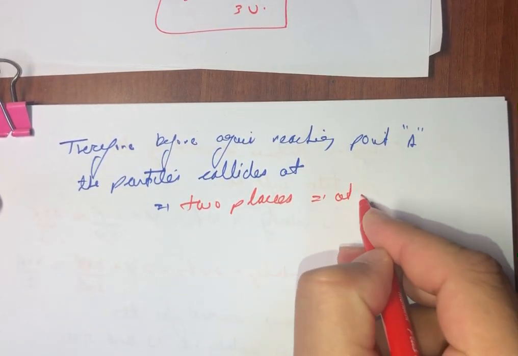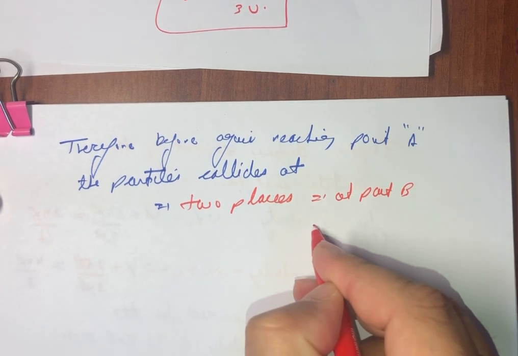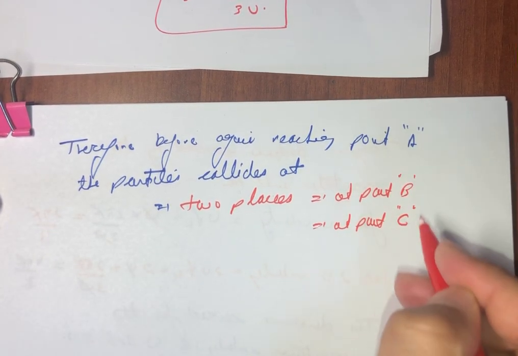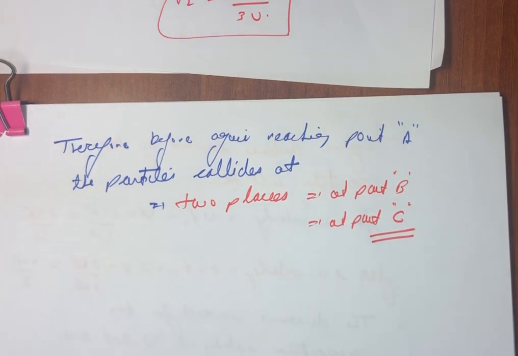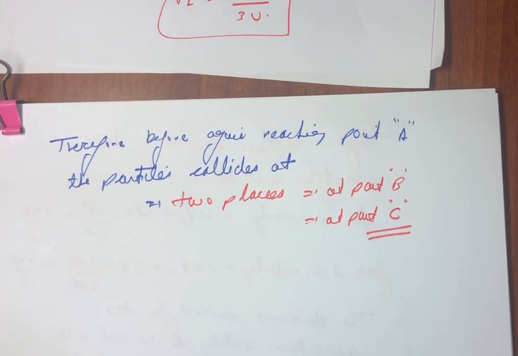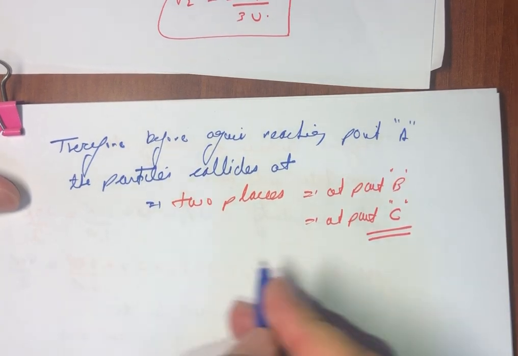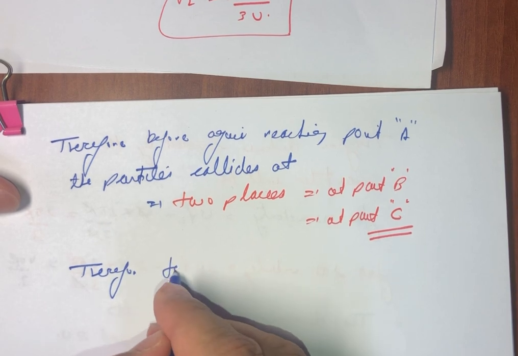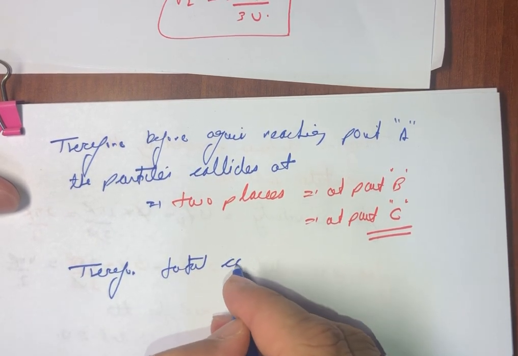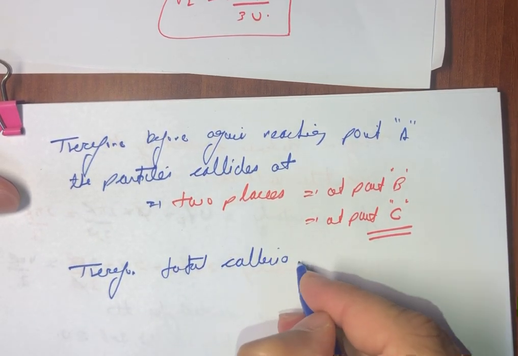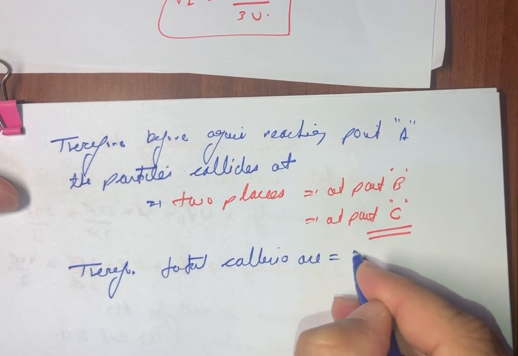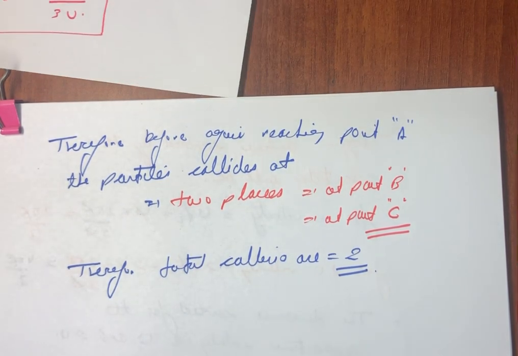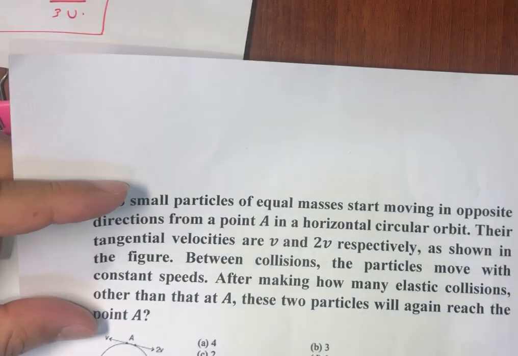From here we can see at point B and at point C. So therefore the total number of collisions is 2. Okay. So we have option C as the correct option.